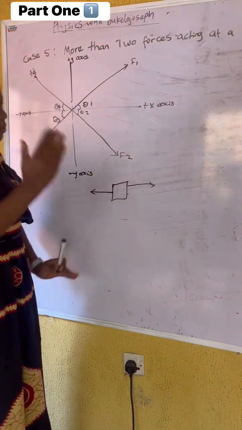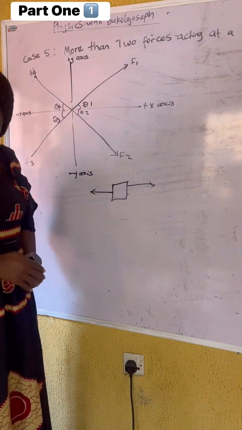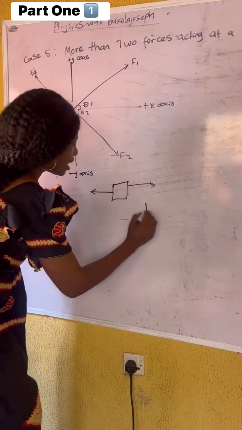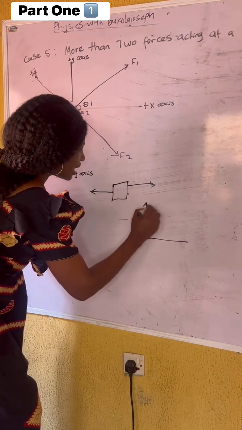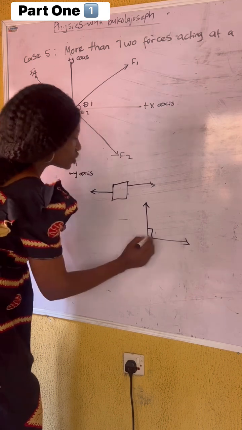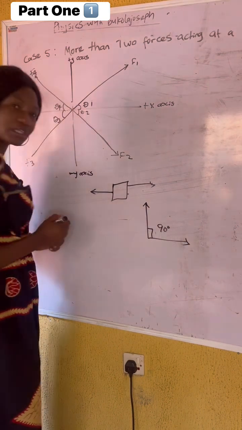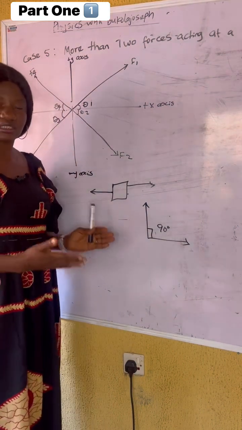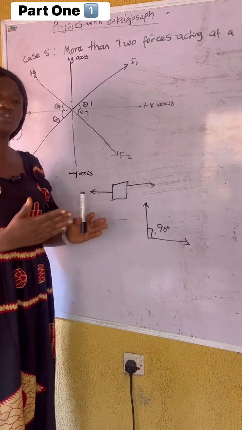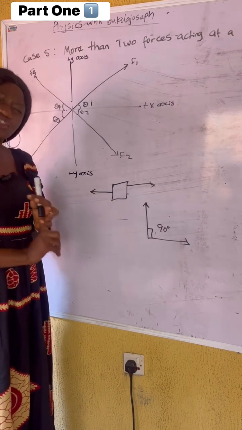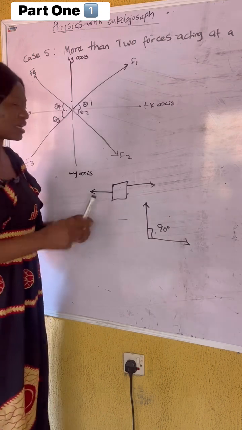Now, what if the forces are inclined at an angle perpendicular to each other, that's at 90 degrees to each other? What do you do in this case? You use Pythagoras theorem to find the resultant. How do you do that?